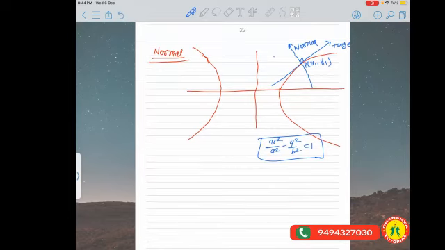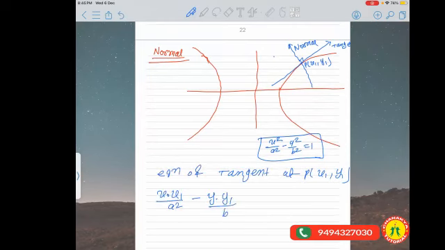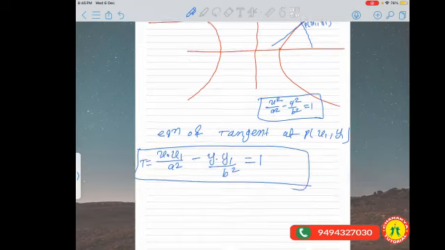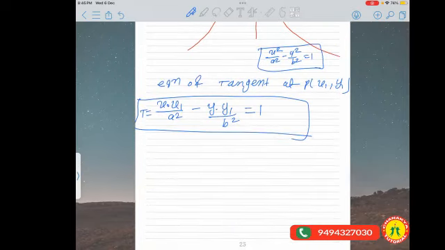So first of all, you can write the equation of tangent at P, that is x1 comma y1. The equation of tangent is x into x1 by a square minus y into y1 by b square equal to 1. Now can you find the slope?